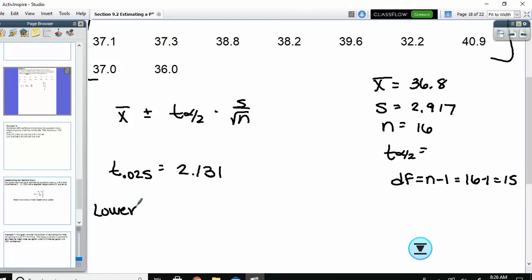So the lower one is your x bar, 36.8, minus the T alpha over 2, which is 2.131, times my S, 2.917, divided by the square root of 16.